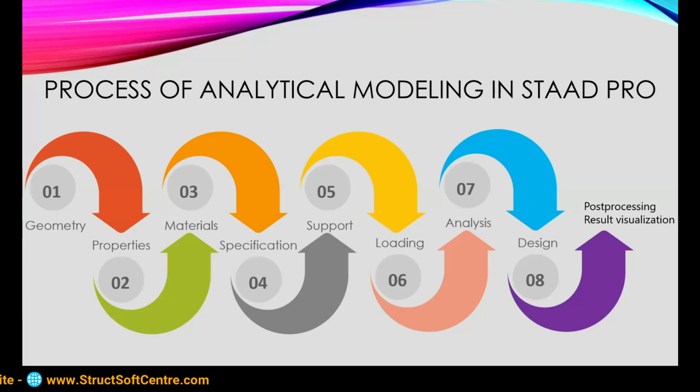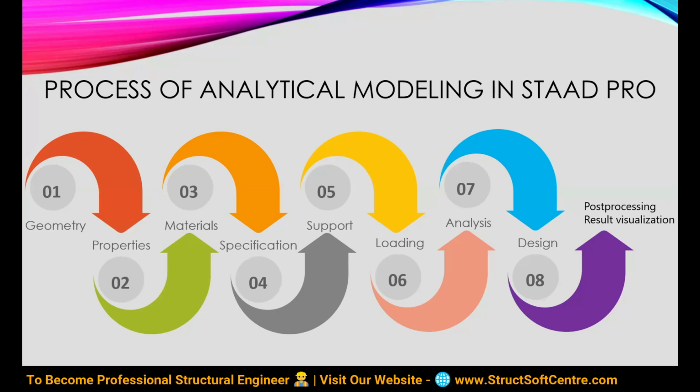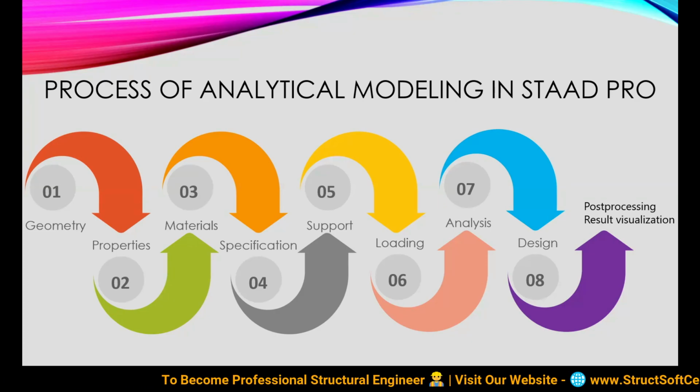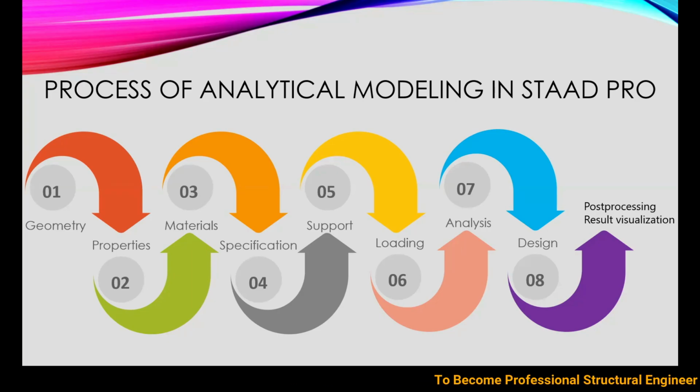But the cold form section, generally we have a sheet and we bend the sheet later on as per our requirement. Like for purlins, generally we use the Z shape of sheet. That is a cold form, means we have a sheet and we bend it later according to our requirement. That is called cold form sections.